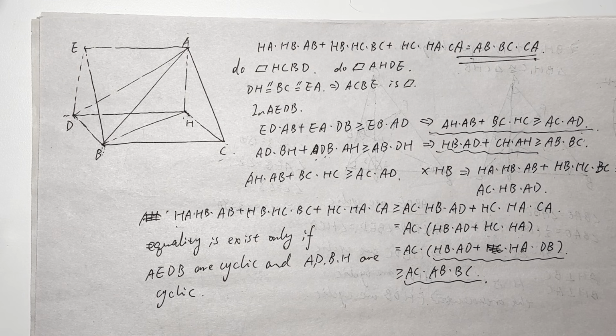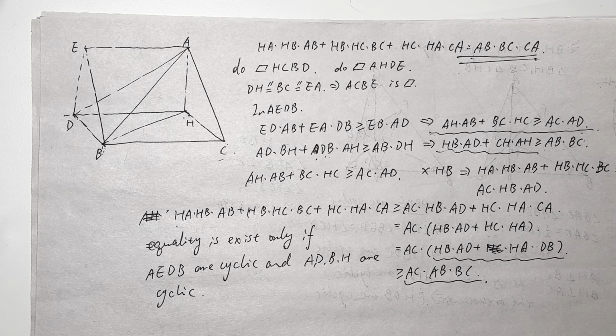So basically, we want to use these two conditions, the conclusions that we get from the equation. We want to prove that AH is perpendicular to BC and BH is perpendicular to AC and CH is perpendicular to AB, right? That's the case.